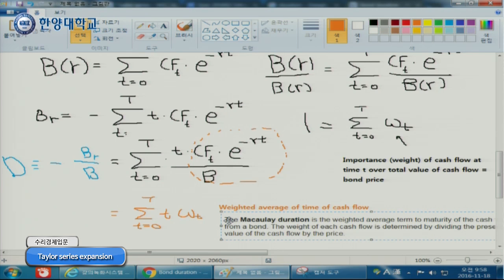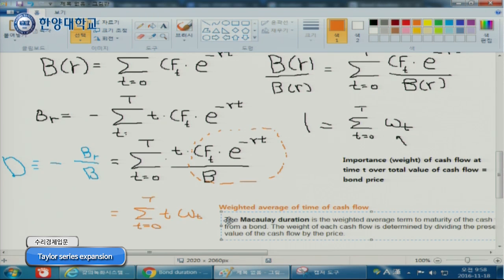Modified duration is the derivative divided by price, with a minus sign. For continuous compounding they are the same. If you are more interested in this concept, you can check Wikipedia. Okay, so we calculated duration.